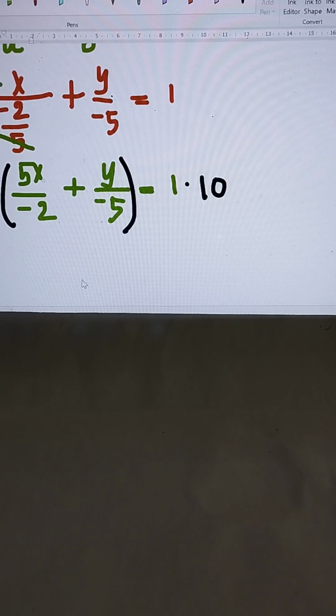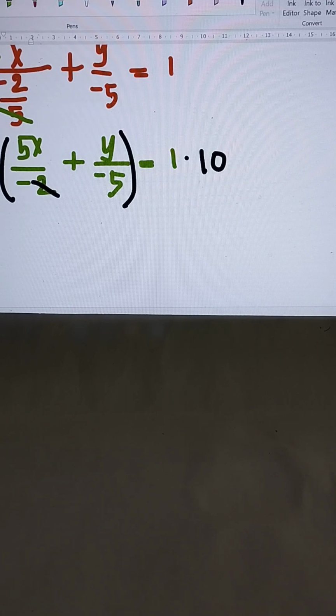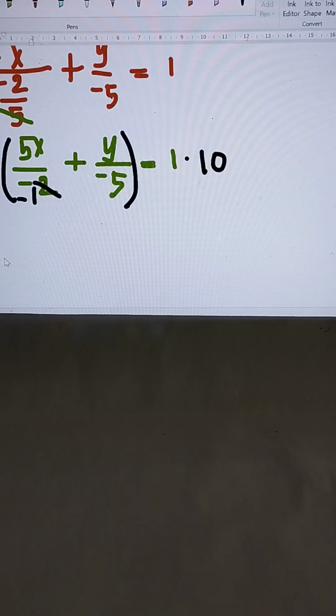Apply the distributive property. You can cancel the 2 here, so this is now equal to 5. 5 times 5 is 25. So 25x over negative 1 is negative 25x.